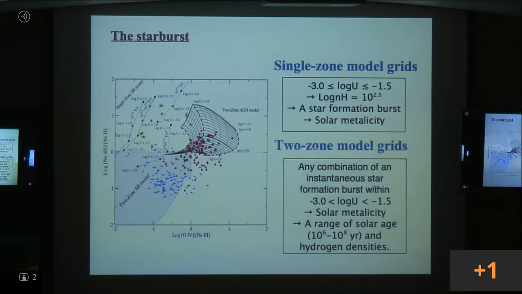However, we found that a combination of two-zone model grids, I mean any combination of an instantaneous star formation burst within this range of ionization parameter, solar metallicity, and a range that covers stellar ages between 10 to the 6 and 10 to the 8 years, and hydrogen densities, are the best model that produce these ratios in starburst galaxies.